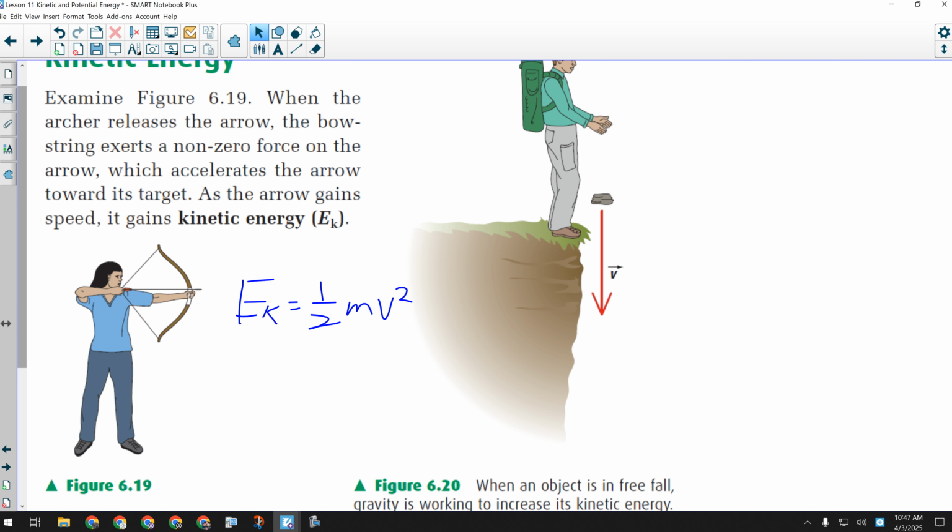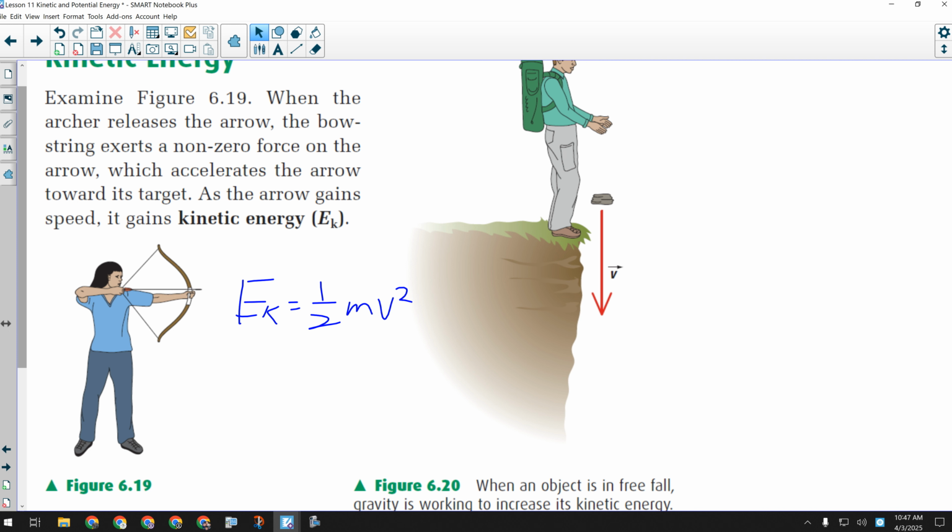But because v is squared, it has an exponential effect on the amount of kinetic energy you have. This is why we have special speed limits for different places in town. It's why in school and playground zones, you need to go 30, because the amount of stopping distance required changes exponentially with how fast you're going.